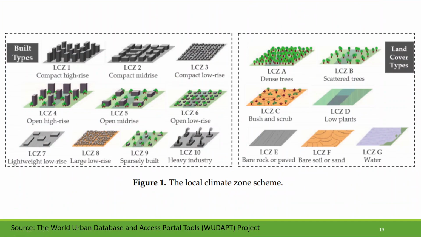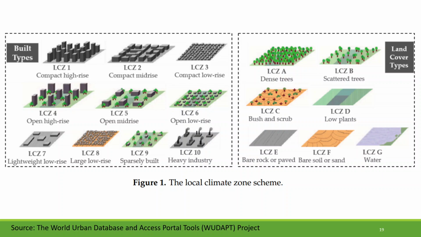Now, another aspect, especially from the climatic changes or climate resilient development point of view, is called the local climatic zoning, in which different areas, land cover, and built-up types are determined, and they are classified into different zones primarily based on the densities and the green areas.